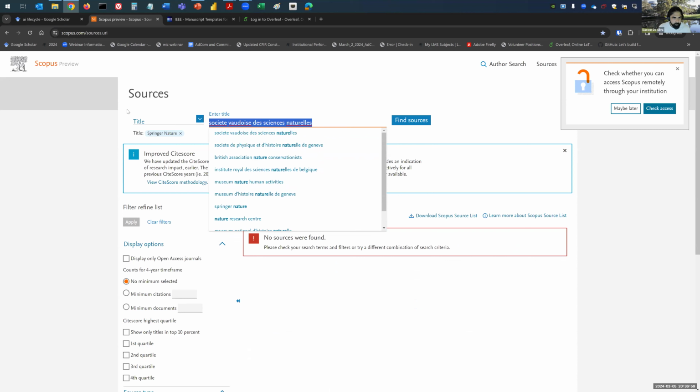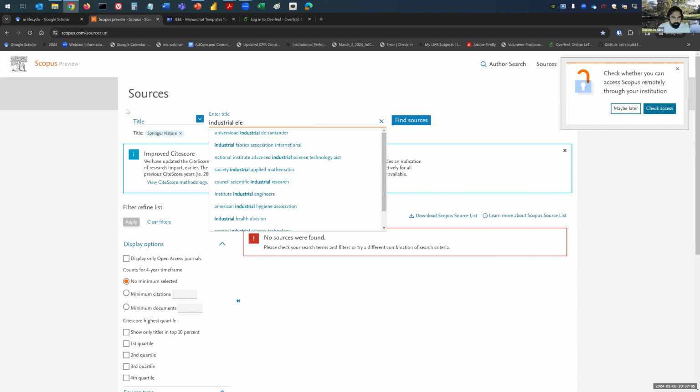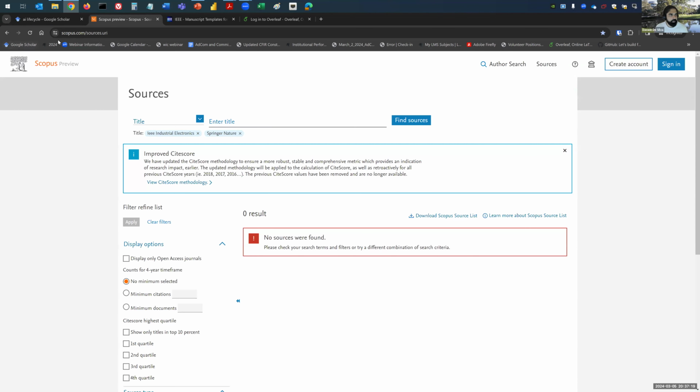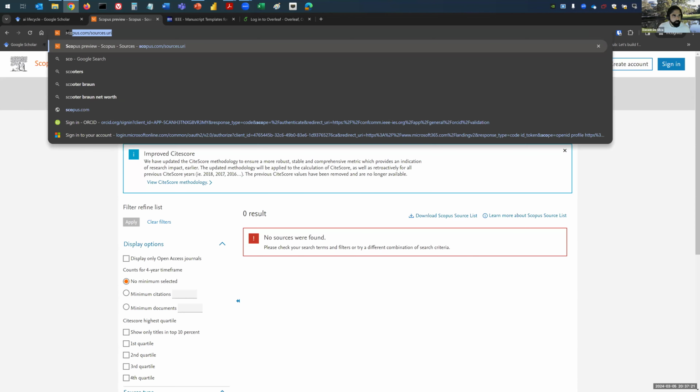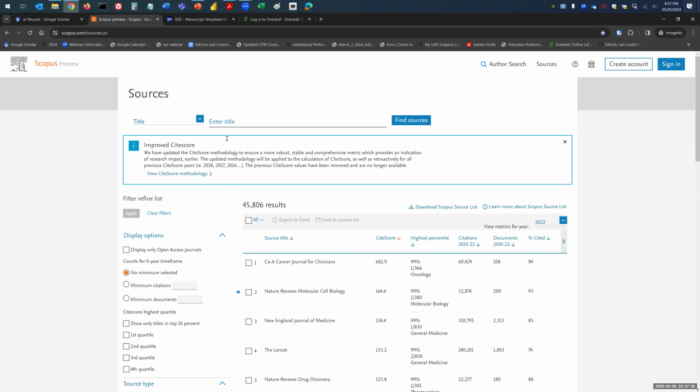Let's go for something simpler. Yeah, interesting. Something's wrong with this. Professor, you have to select, there's an option to select the title and publisher.